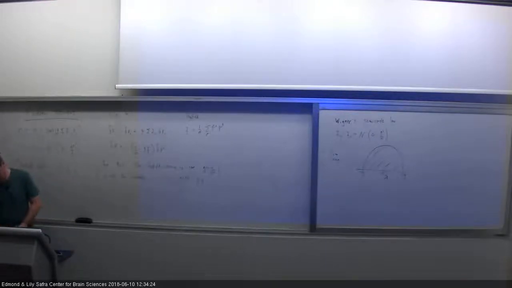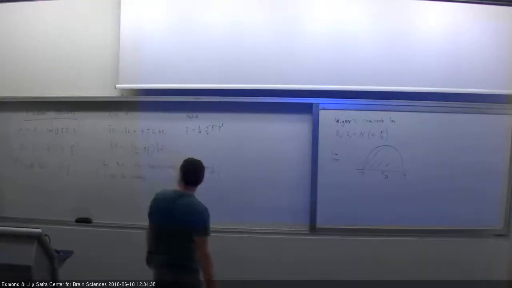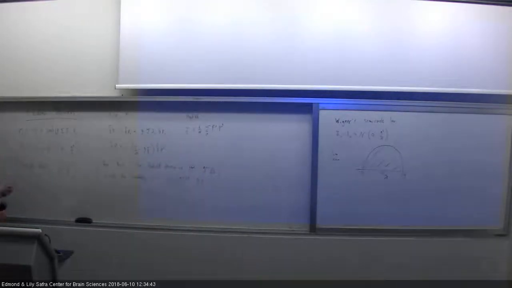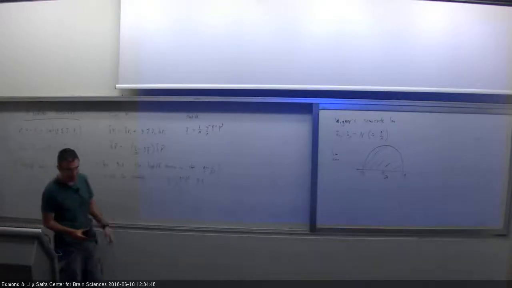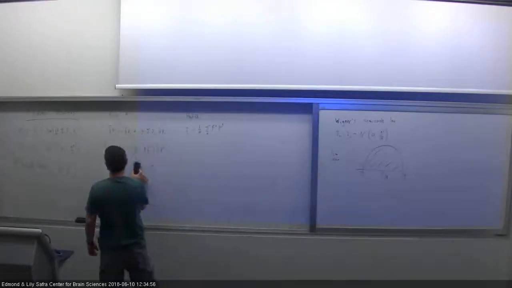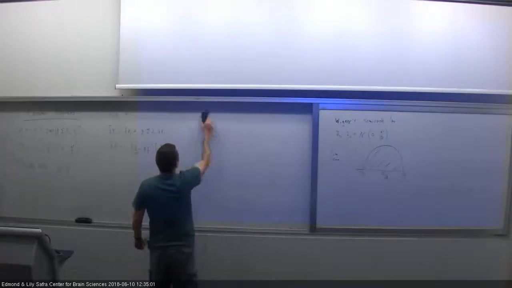Okay, so the next question that we may want to ask ourselves is, what will happen if connectivity is random and non-symmetric?